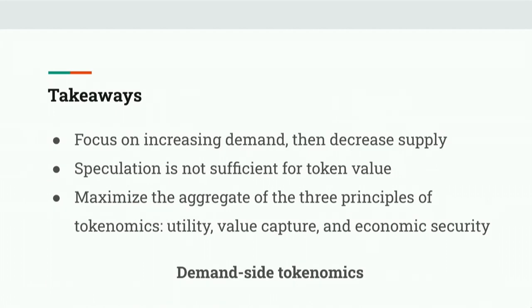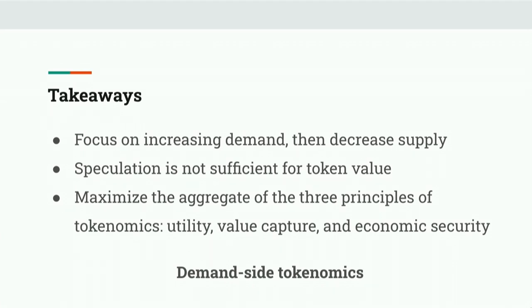So the takeaways that I want to leave you with here are, it's extremely important to focus on demand before you decrease supply. Any supply side mechanisms or any reductions in supply are only going to magnify the value of your token if there's some value to magnify. And that value can't just come from speculation.